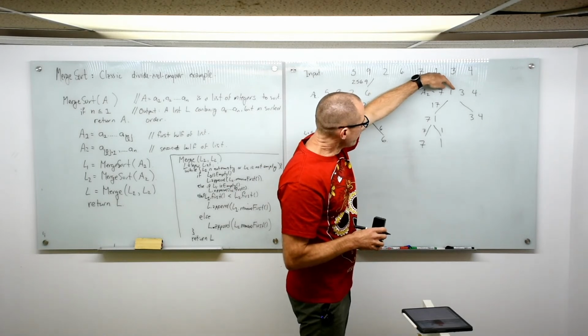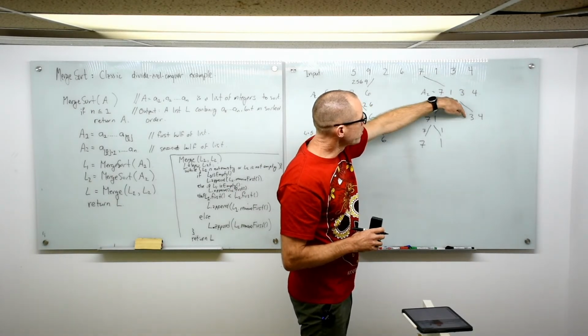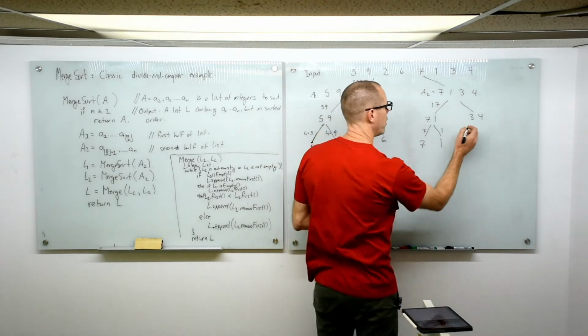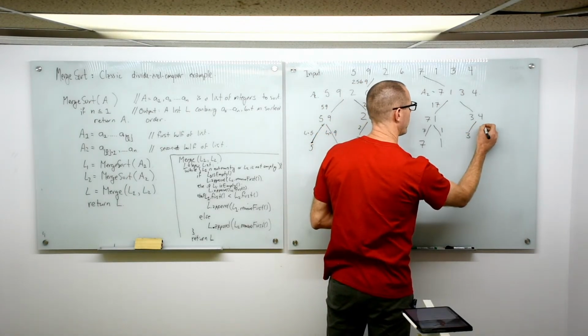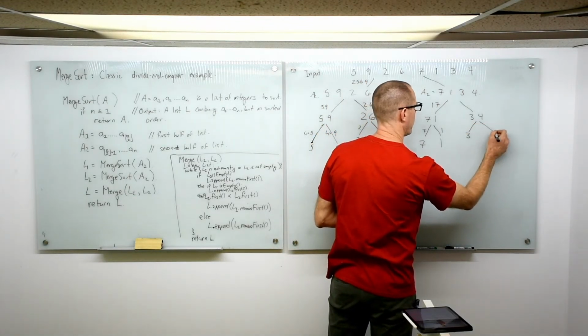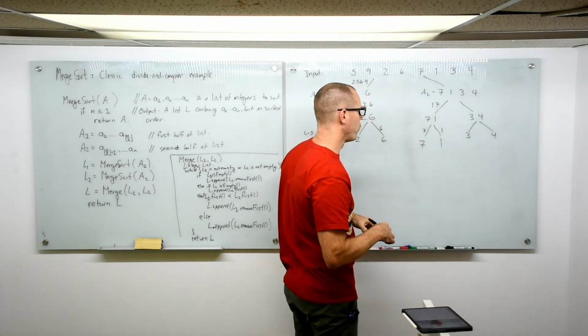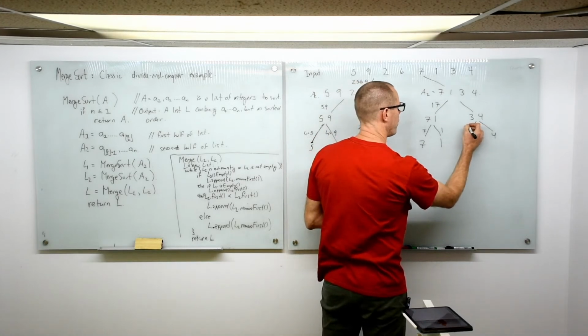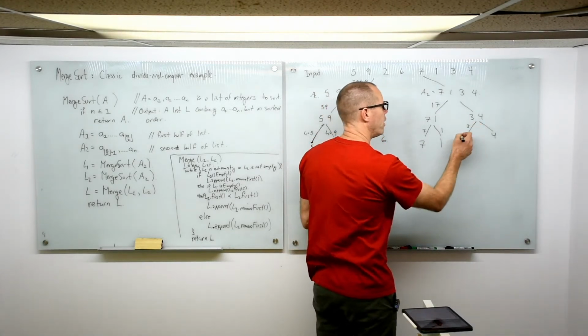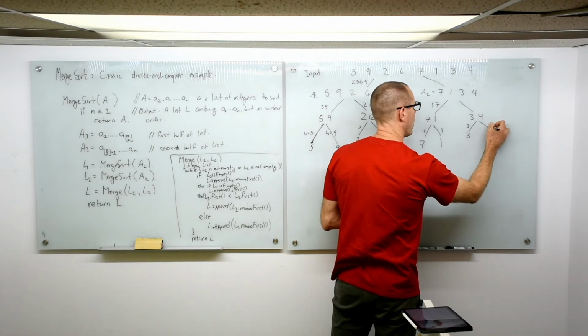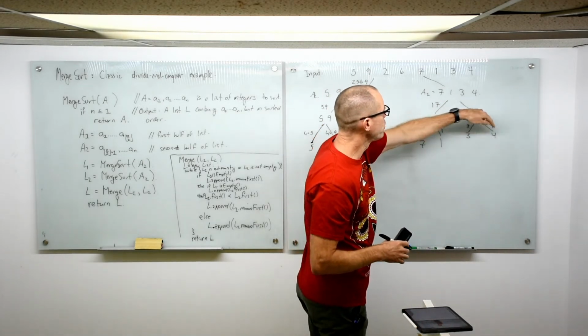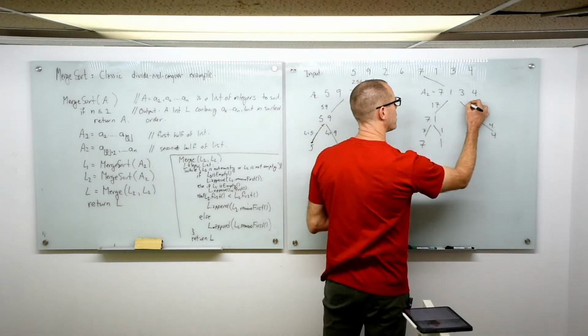Now we've just finished sorting the first half of this list. It's time to sort the second half, which involves splitting the list into 2, then sorting the first half, which is trivial, then sorting the second half, which is also trivial. Then we merge those 2 things into a single sorted list.